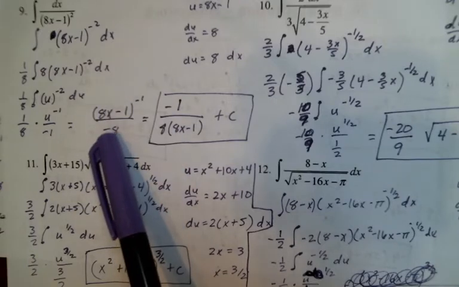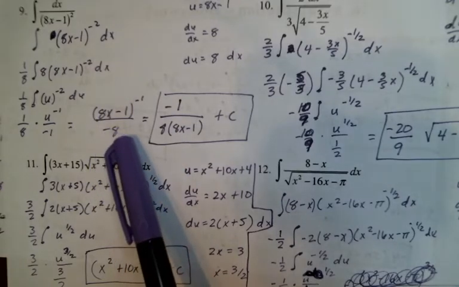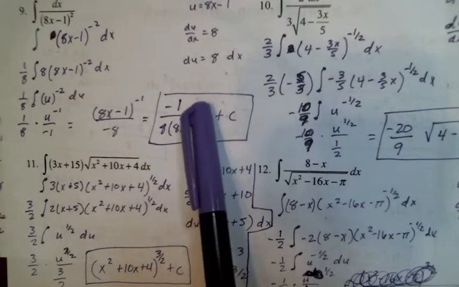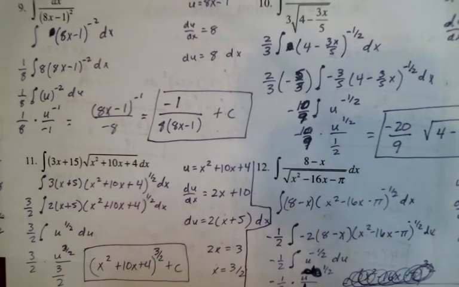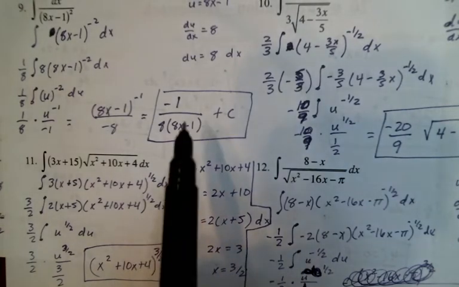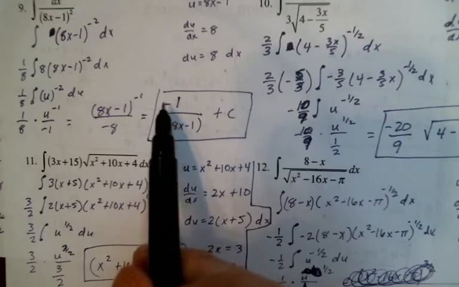So the 8 stays in the denominator with the 8x minus 1, and the -1 is just in the numerator now. Does that make sense, Carter? Oh, yeah. If you have the negative down here, you're completely fine.